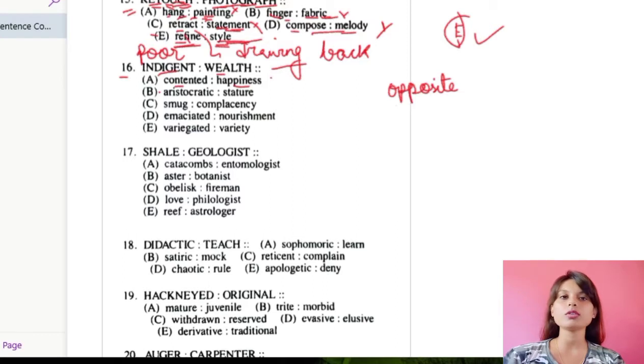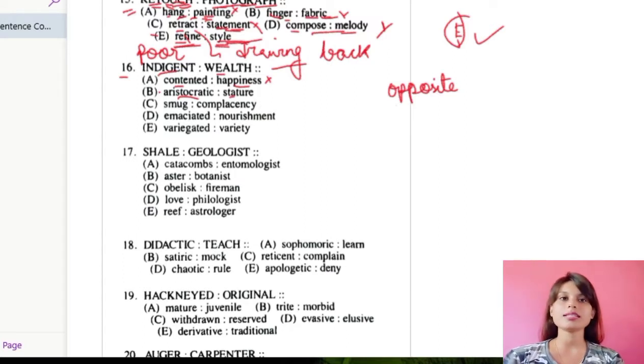Let us move over to option number B, aristocratic and stature. Now aristocratic means you are leading a life like the high society culture, you are following those kind of lifestyle. Your standard of living is quite king size, you can say. So that is aristocratic. And stature means your height.